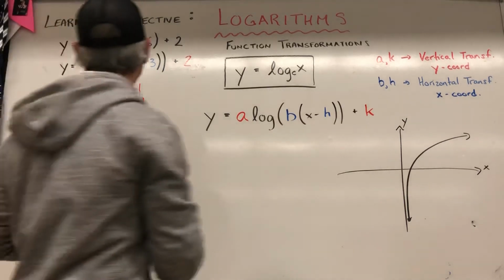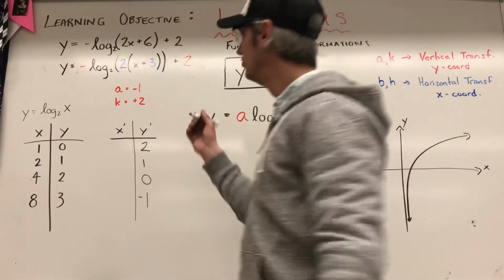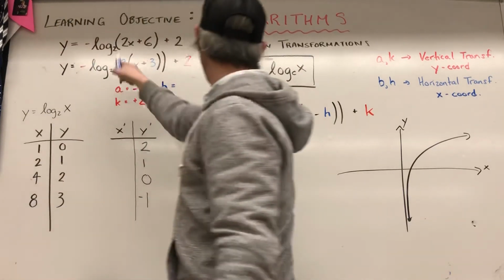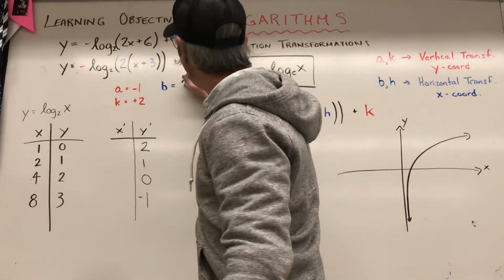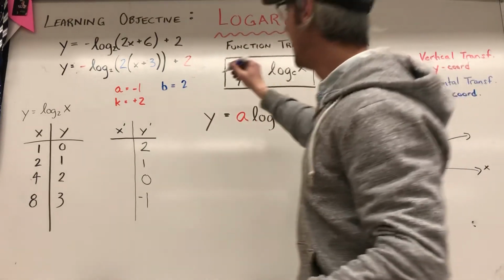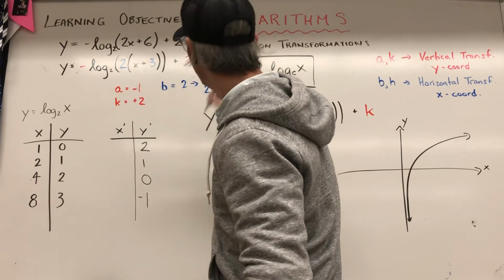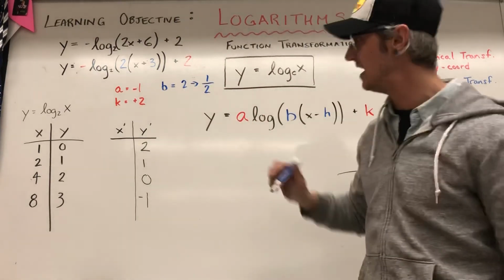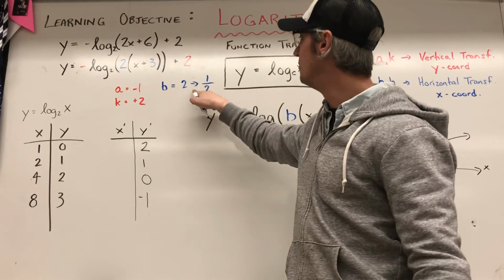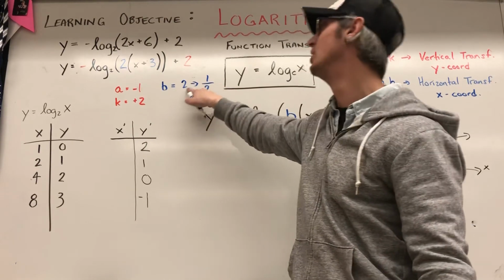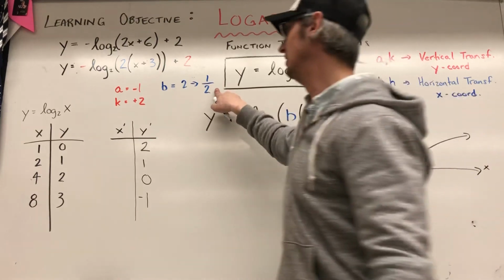To do that, I have to pull out. B I know is 2, but that means that I'm going to actually do a 1/2. Remember, that's how B behaves. I'm going to multiply all my x's by 1/2, not by 2, by 1/B.